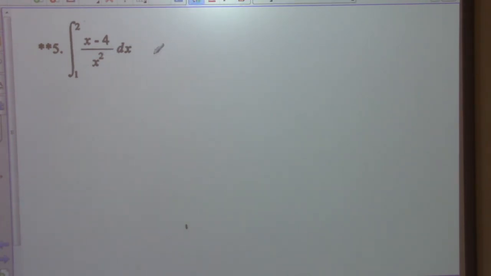Let me show you why this isn't going to work like that. Because what you have here is x to the negative 1 power minus 4x to the negative 2 power dx.